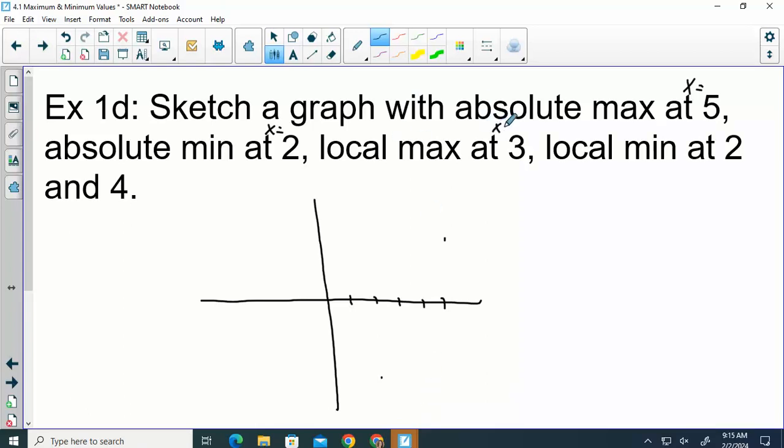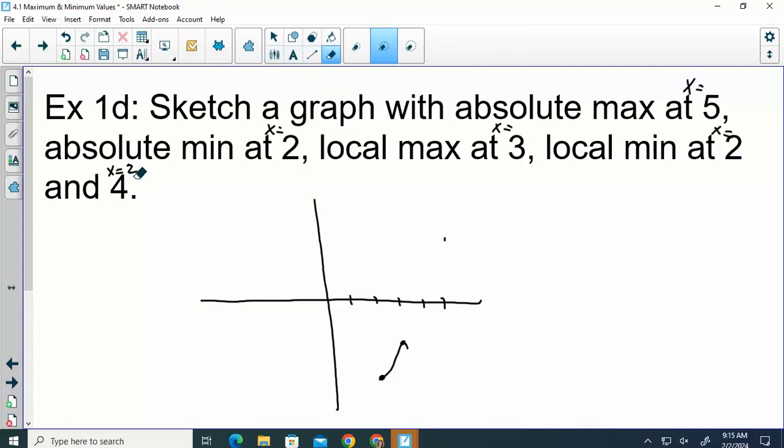A local max at 3. What does that mean? Yeah, there's kind of a little peak. So we know at 2, that is the lowest it goes. But when I get to 3, I have to have some sort of little peak in my graph. So it's going to have to go up and then start coming back down. And local mins at 2 and 4.